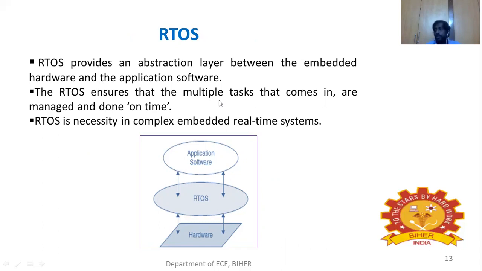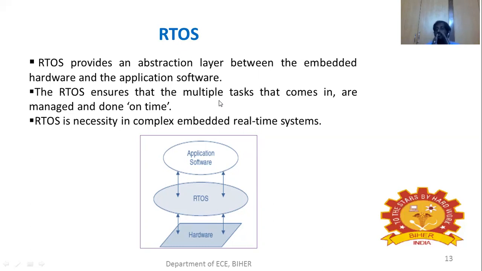What it actually provides is that the RTOS provides an abstraction layer between the embedded hardware and the application software. In our previous sessions, we discussed the relation between application software and hardware. In an embedded system, application software is loaded in hardware, then only it is dedicated to solve a practical issue, then only it can be used for a particular application.